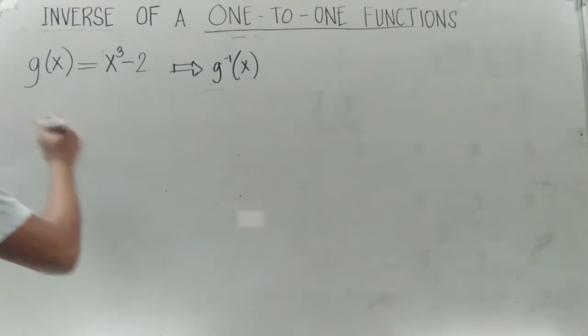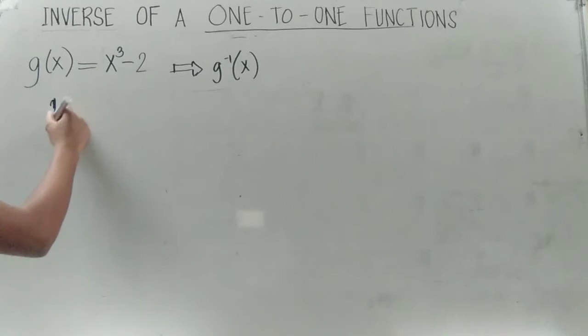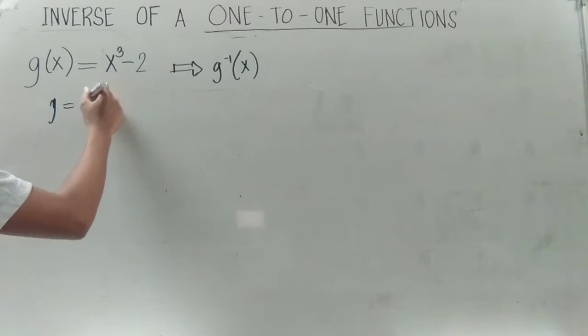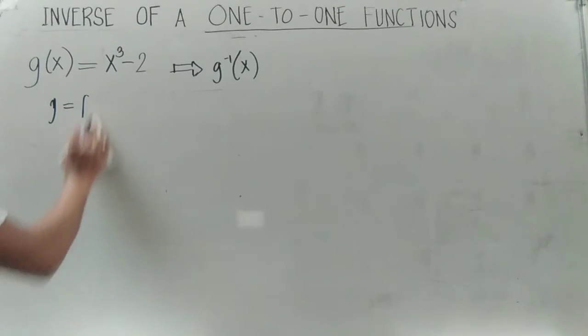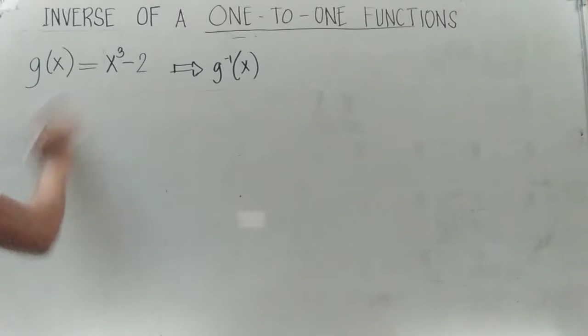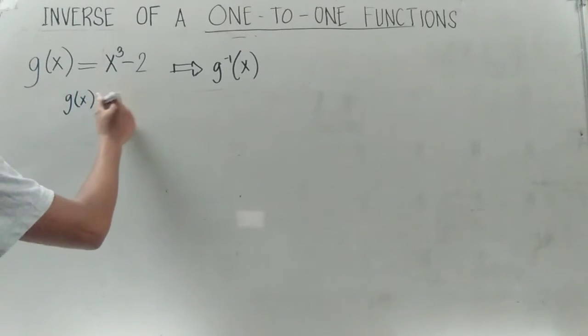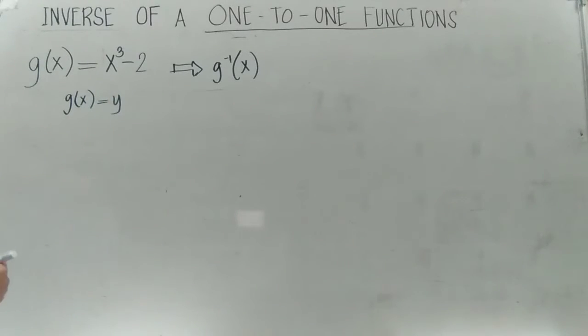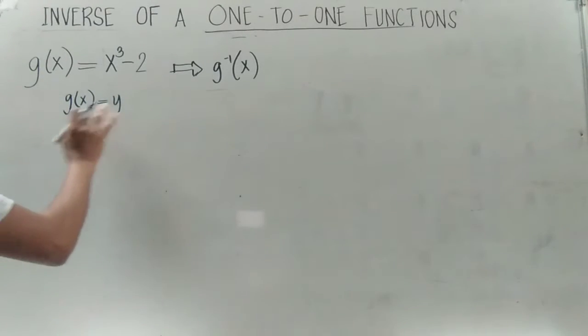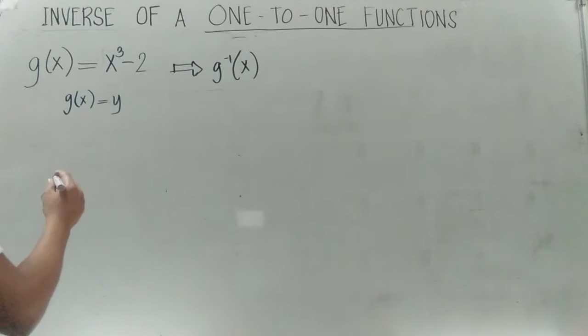So let us proceed. So step number 1, we have to change your g of x into y form. So we have g of x equal to y. Or you can interchange, y is equal to g of x. It's up to you.